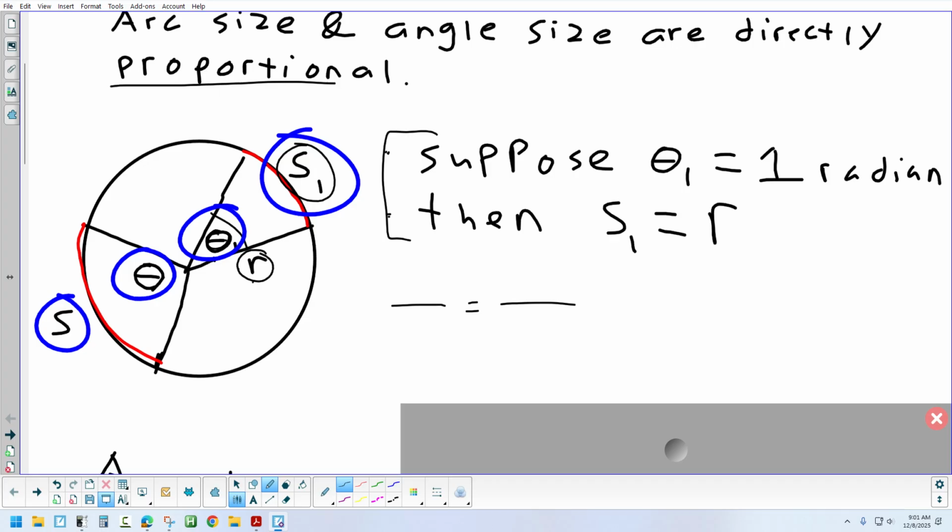Jade, could you help me fill out the left side, setting up a proportion? I don't think I can. You don't think you can help me? No. You want to phone a friend? Yeah. All right. Who's going to be your lucky phone a friend? All right, Annalise. Can you help us set up a proportion that is going to involve those 4 things circled in blue?